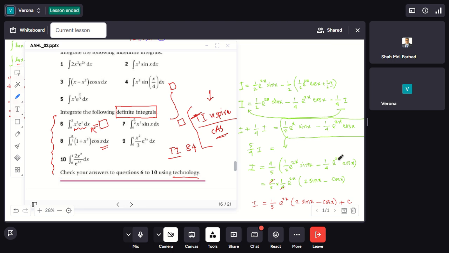That means you first find the integral, then substitute the limits, and then you will get the result.